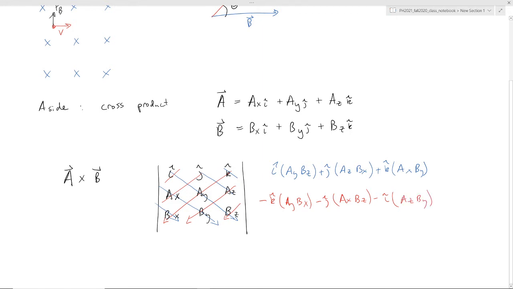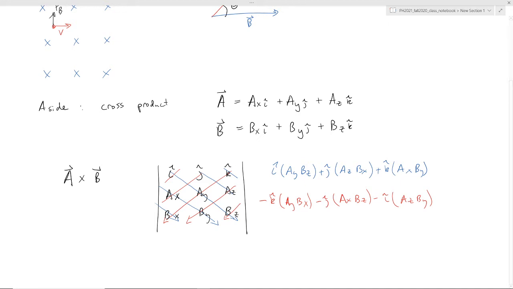And when you compute this all out and consolidate the common components, this would give you the cross product, the vector. Remember, cross product generates a vector that would correspond to A cross B. And this is just sort of the general form for doing this.